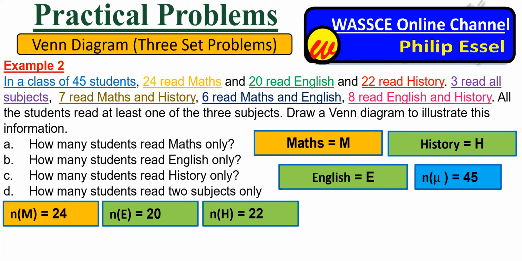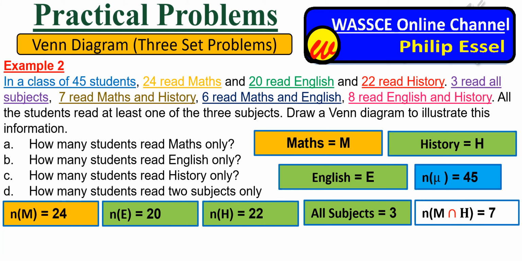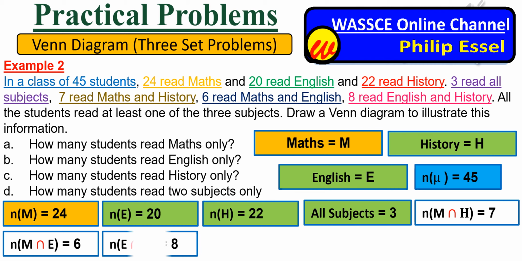Also, 3 students read all the 3 subjects. 7 students read math and history. 6 students read math and English. 8 students read English and history.